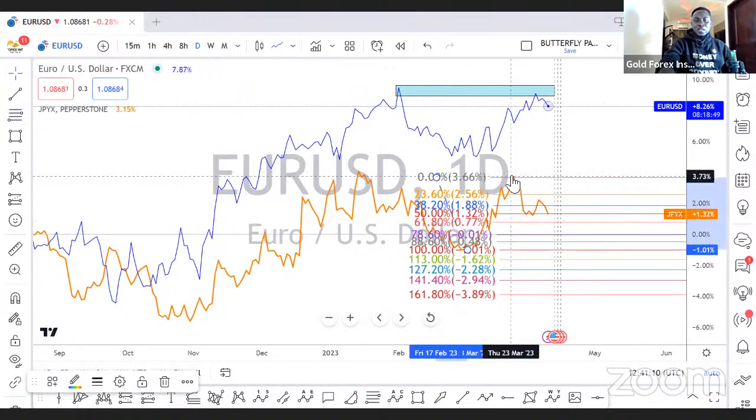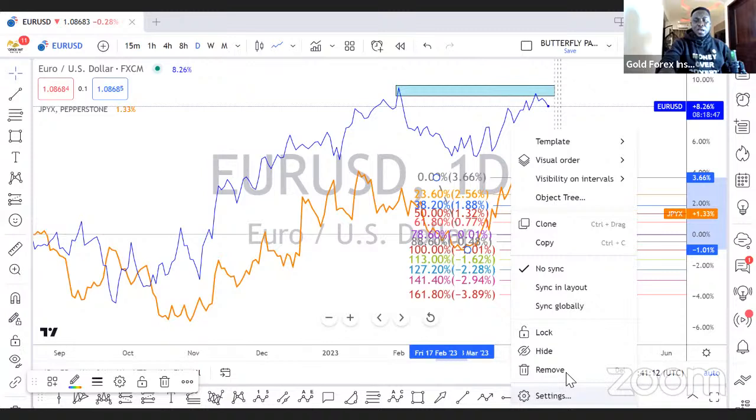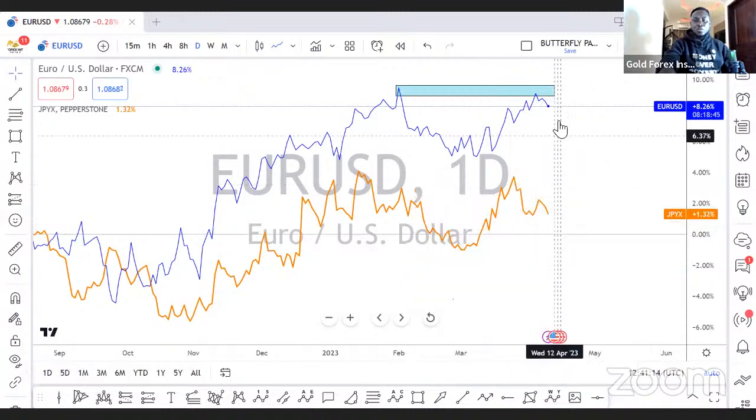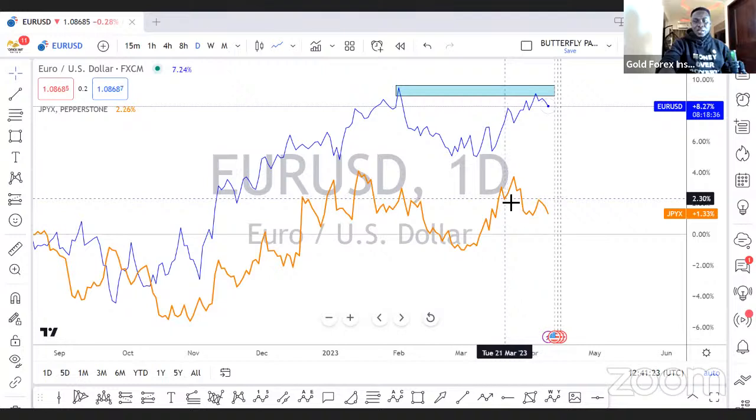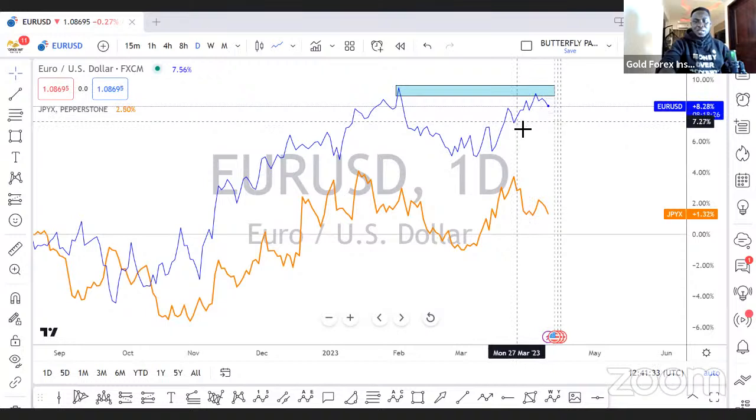That means that Euro USD will be expected to fall. It's just that it's lagging currently. At least you can see that the yen has broken the first internal structure to the second one. On Euro USD, it has not even broken the first internal structure yet, let alone the second internal structure.